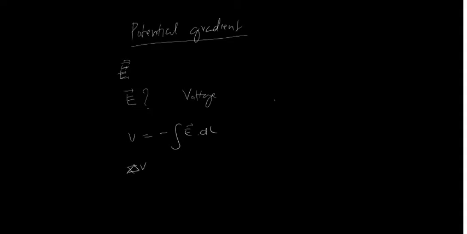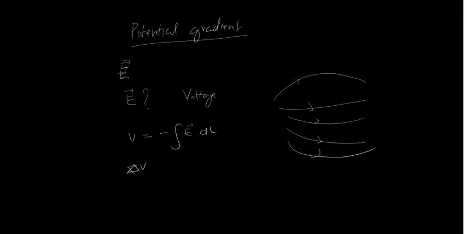For example, consider a field like this. There are electric field lines moving like this, okay, and the electric field direction is this one. Now if I am considering a small length element delta L, which makes an angle theta with the E. Now what will be the value of this delta V?